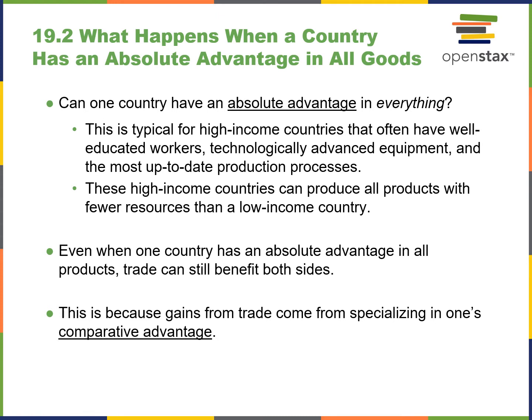Even if all these countries have an absolute advantage in all products, trade might still be beneficial, because of the gains from trade from specializing in one's comparative advantage. So maybe one country does one thing better. Let's say our agribusiness is superior to that of Germany in terms of output, so we would have a lot more agricultural products to trade.